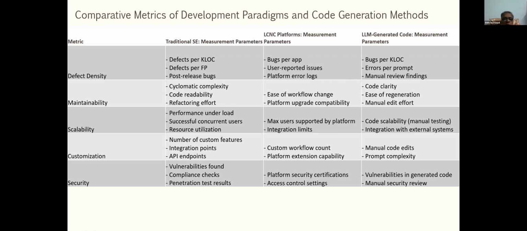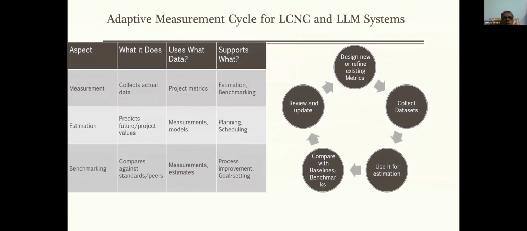So these are just your normal metrics that you measure in traditional software engineering. How will they get altered if you configure your applications using LCNC platforms, or if you generate the code using your LLM? These are just some examples, but basically the measurements have to be adapted, and once you adapt, the estimation methods will not change drastically.